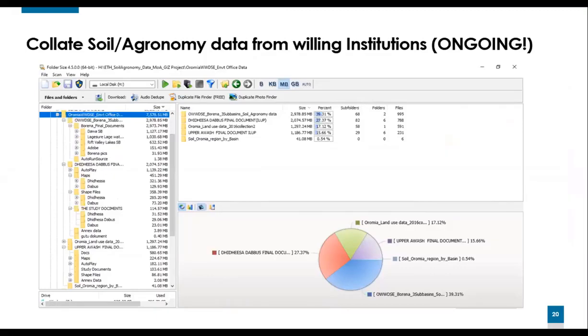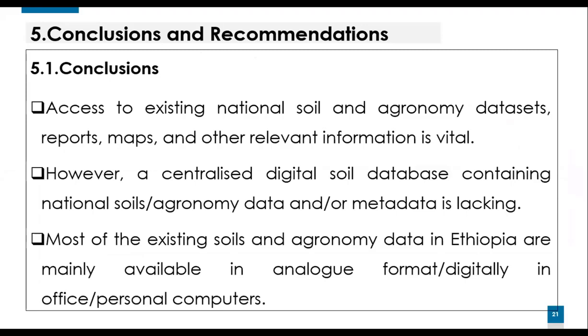This is almost an ongoing activity, and I hope it will progress well to collect the existing data and bring it on board to the national or central database, which is under development at the Ministry of Agriculture and Ethiopian Institute of Agricultural Research.